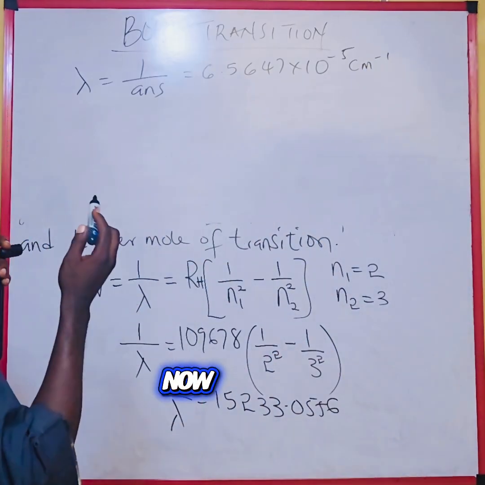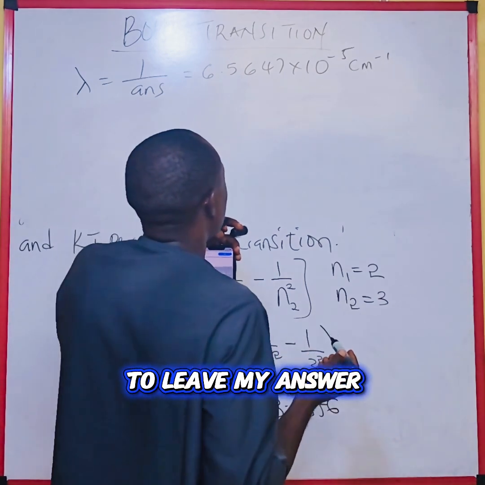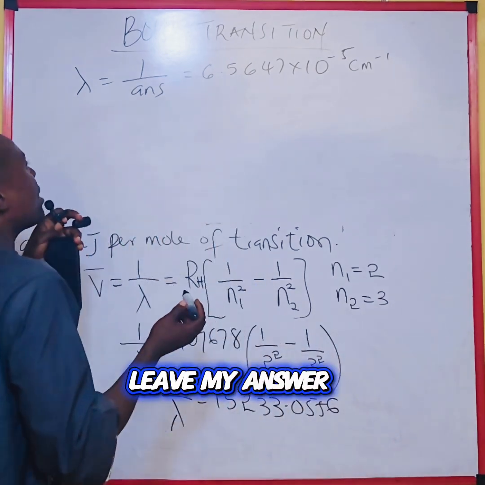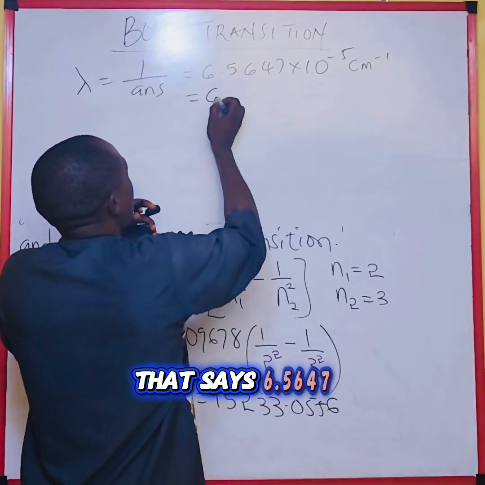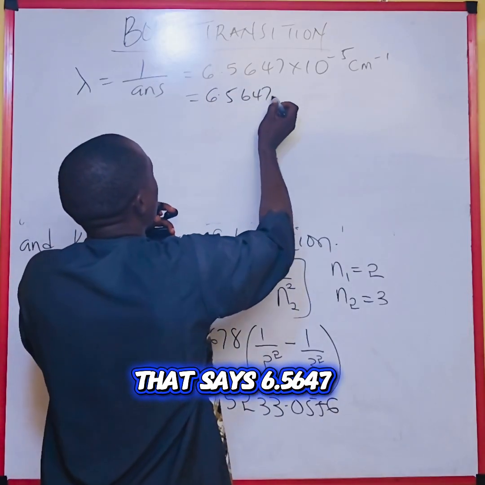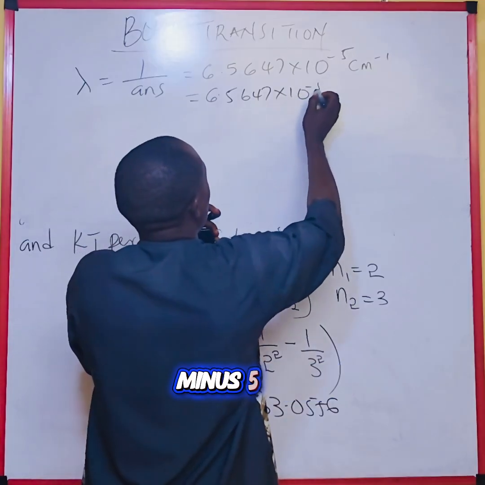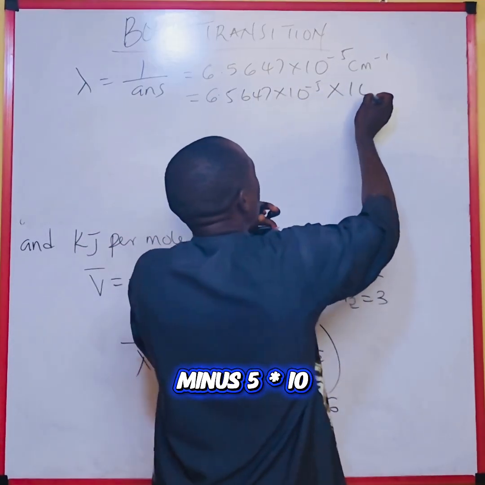If I'm to leave my answer in nanometers, I will use the shortcut: 6.5647 times 10 raised to the power minus 5 times 10 raised to the power 7.